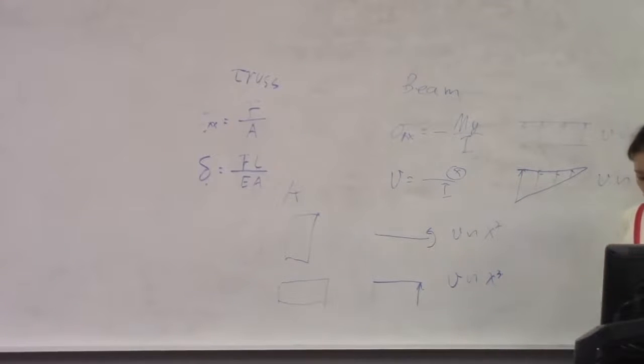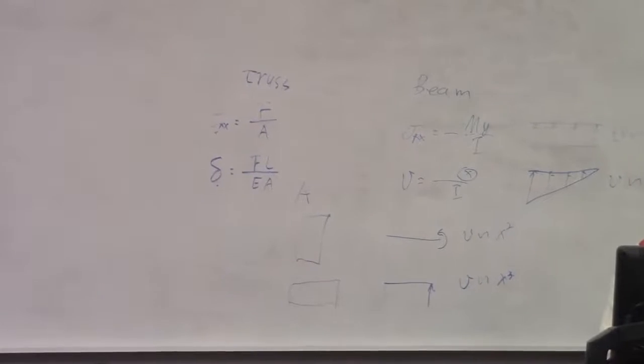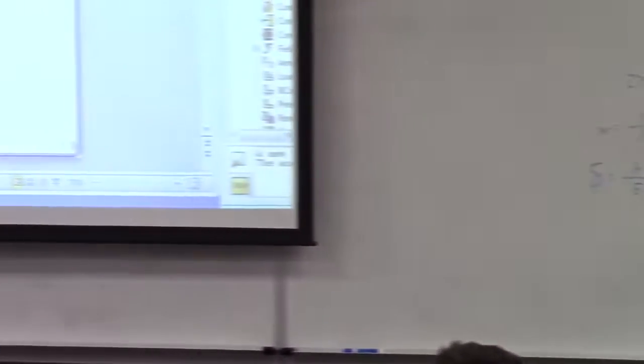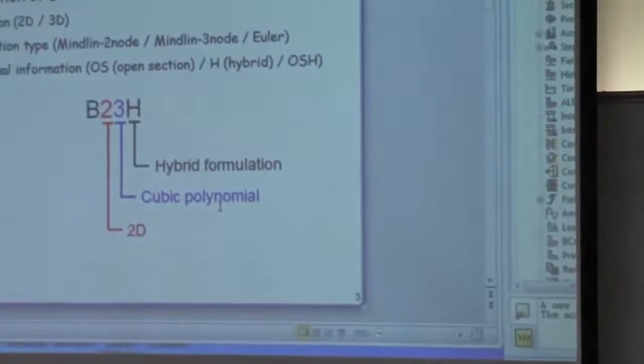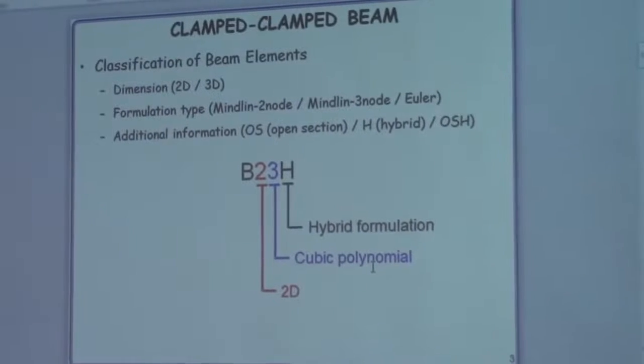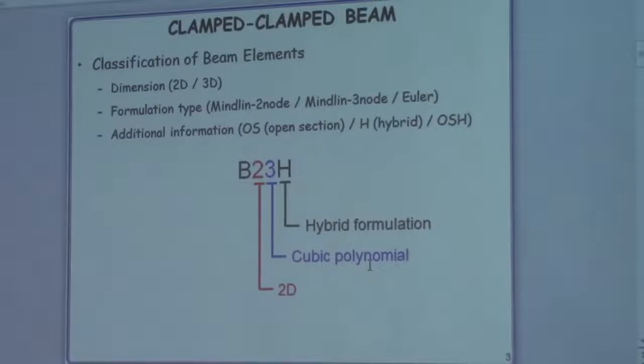And also, another problem is that later we will see that for the beam problem, we use a cubic polynomial for the interpolation. So what we do is that we calculate everything at the integration point or the node, and then in between we use a cubic polynomial to do this interpolation.